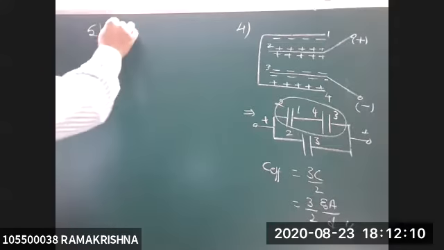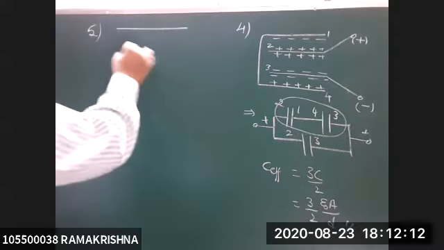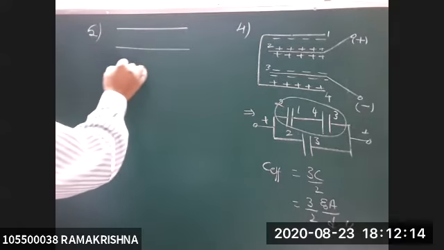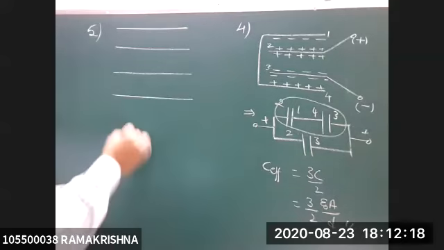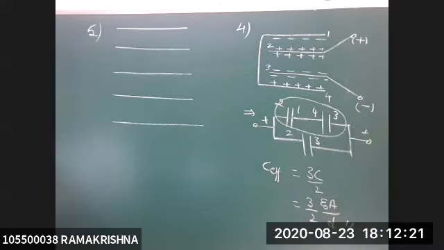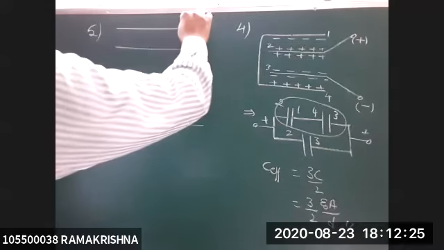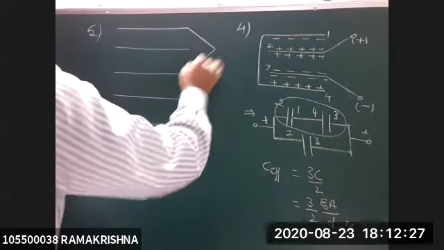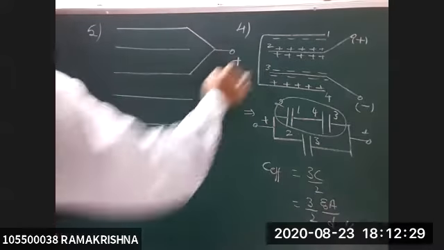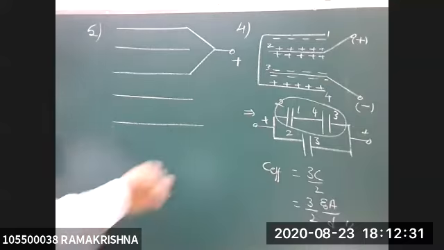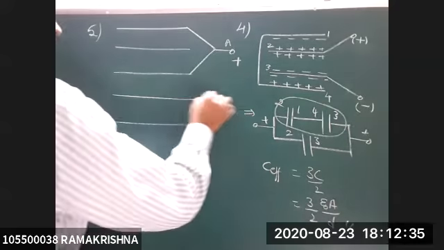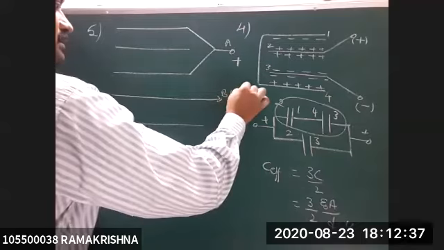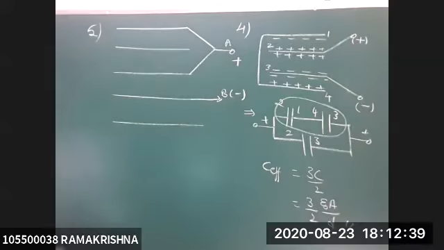In the fifth problem, it is the first metal plate, second one, third one, fourth one, and fifth one, right? First and third are connected to the positive terminal A. The last one is connected to B, negative.